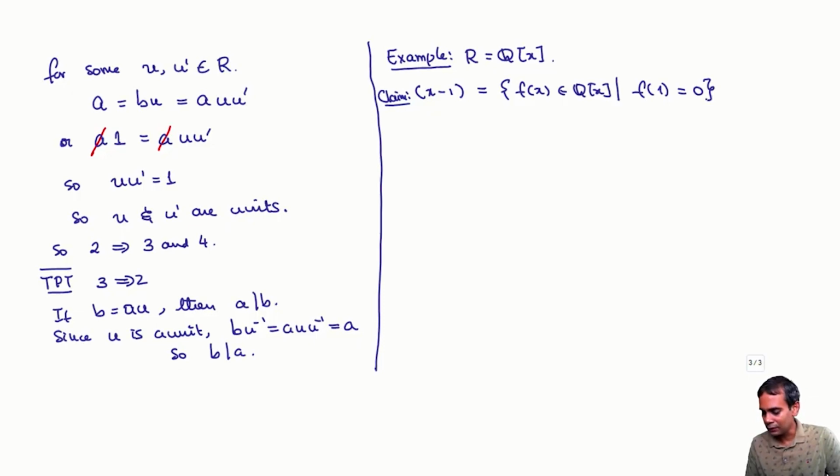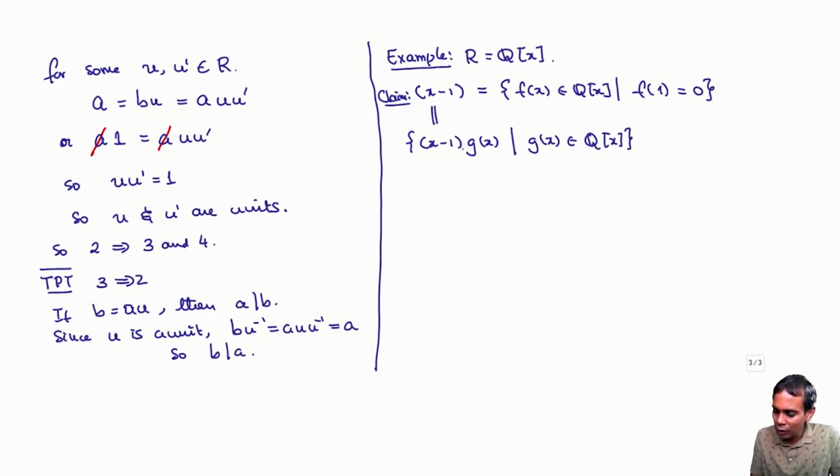So why is this the case? I want to show that these 2 sets are equal. So what is the left hand side? This is equal to the set of all polynomials of the form (x minus 1) times g(x), where g(x) belongs to Q[x].